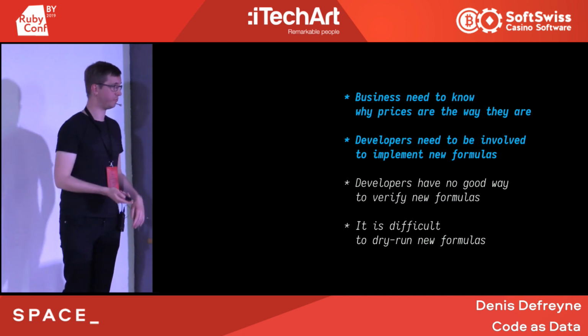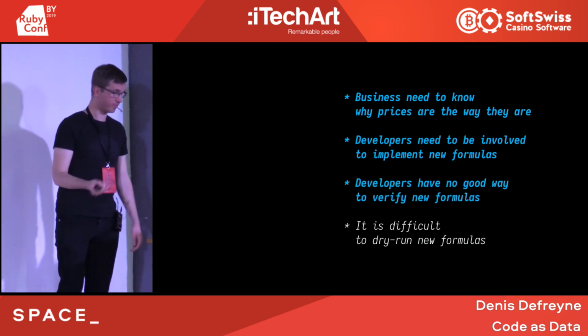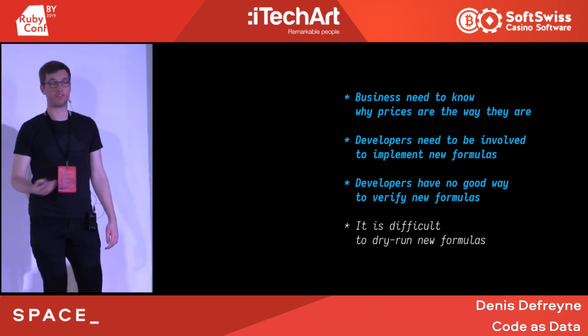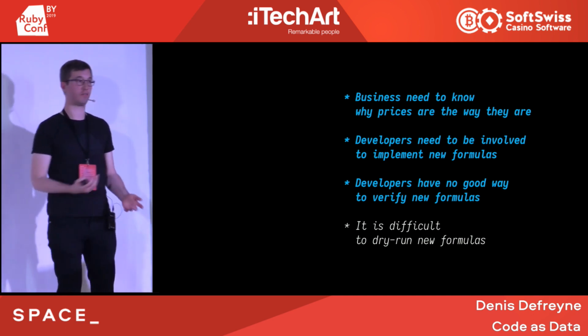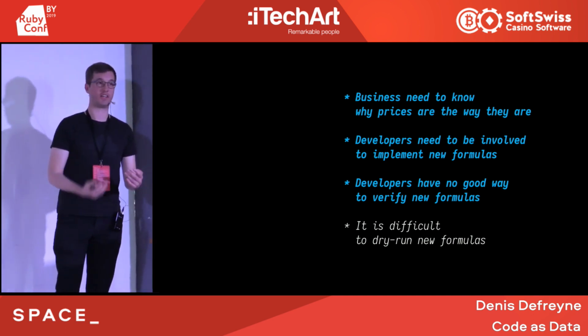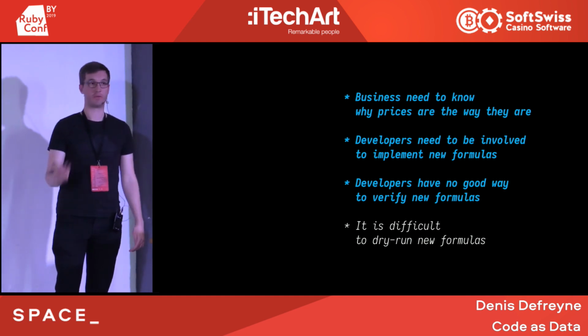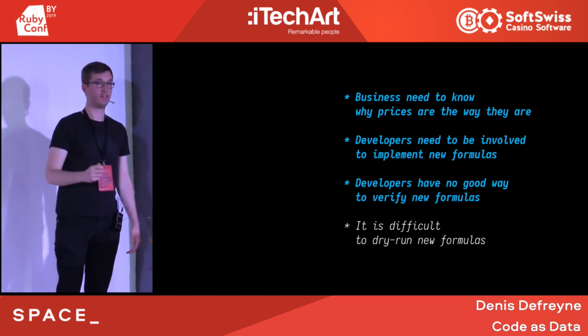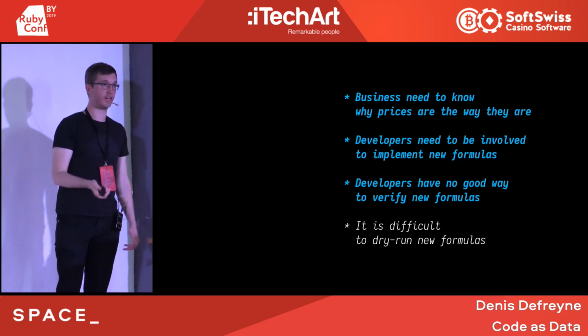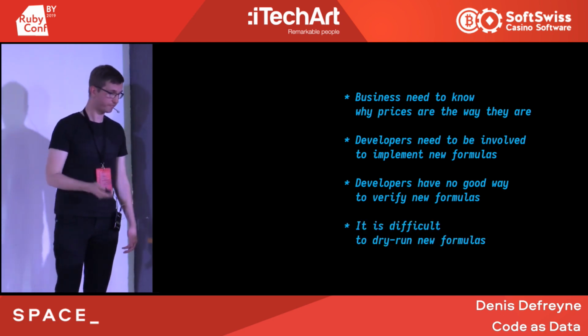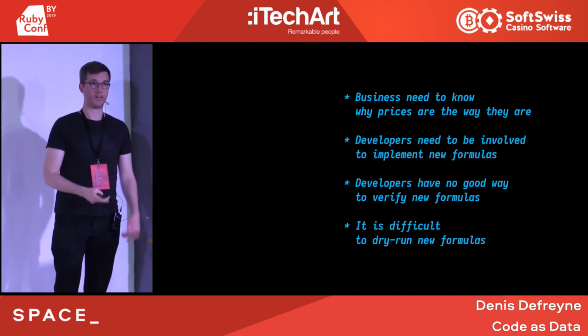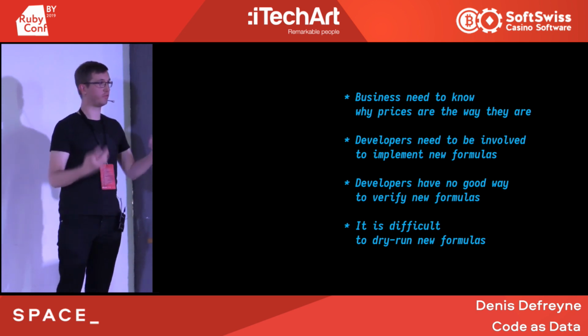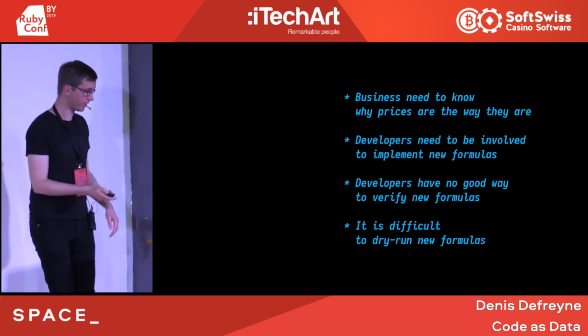These would be the BI people. Lastly, it is difficult to dry run new formulas is a solved problem because now within this UI we can have 2 different prices and we can play around with them and finally say commit, which puts them live when we're happy with them. So we're done. We've finally implemented something that works.